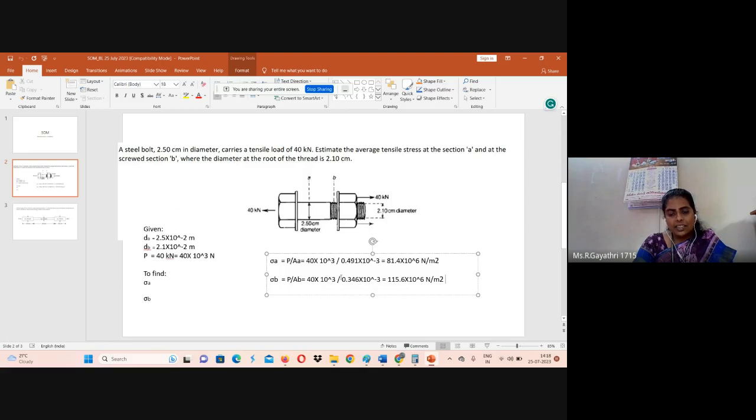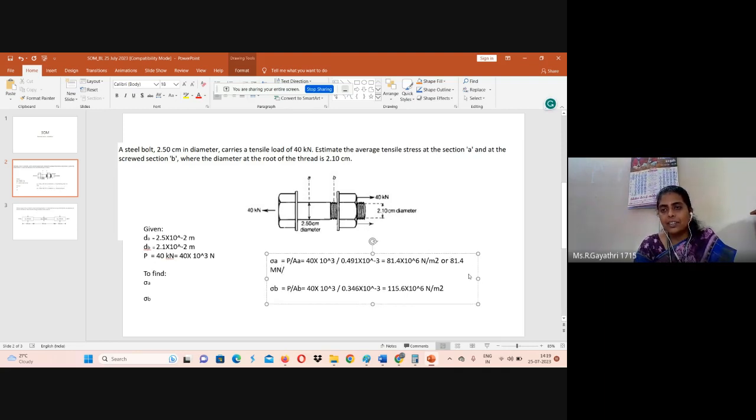So we calculated stress at section A, that is 81.4 into 10 power 6 Newton per meter square. 10 to the power 6 means mega, so 81.4 mega Newton per meter square.